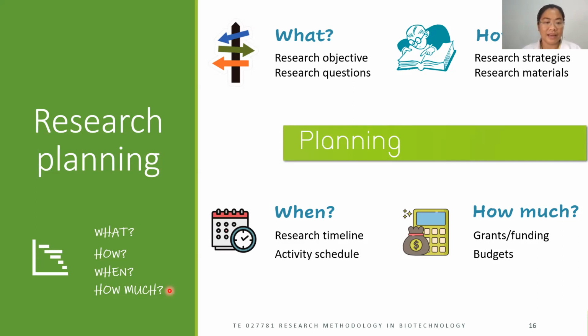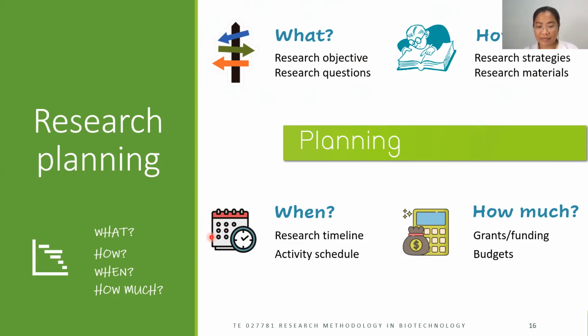Now let's see the what, how, and when. When you're planning your research, you think about what first, right? It is your research objective, your research question. That is what you have already covered. And the how is the research strategies and research materials that we talked about earlier.